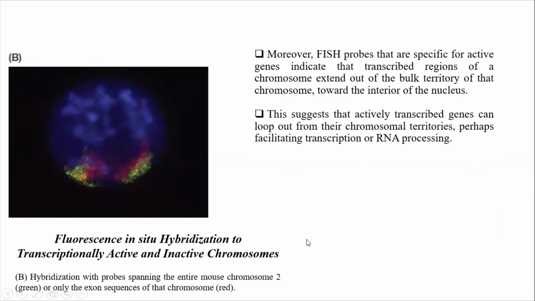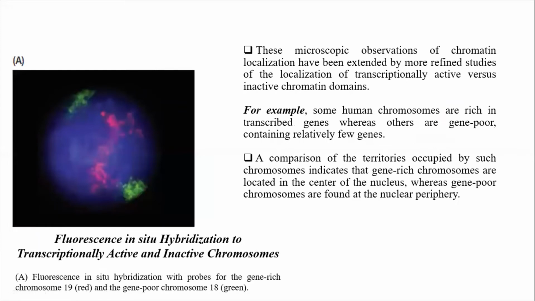So again, hybridization was done for the entire mouse chromosome 2, green color, and the exon sequences of that chromosome red. So हमने फिर से देखो, of that particular chromosome जो inactive region है वो periphery में है और जो active region है वो आपका अंदर की तरफ है, ठीक है. Now यही क्वेश्चन अब आपसे पूछ सकते हैं. So this is nothing but the same experiment.